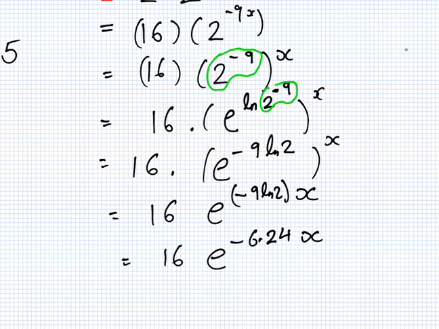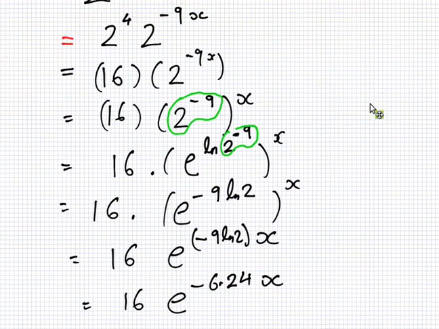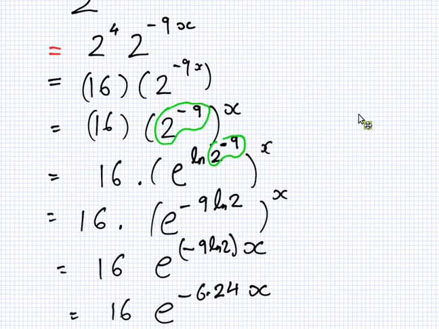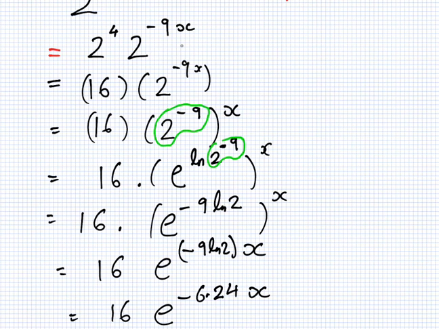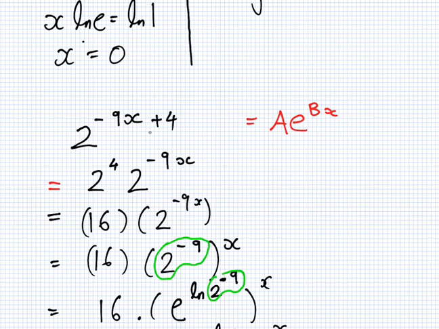So what you've managed to do, up the top here, is change your original into this form. And these two things are exactly the same. For example, if you put in x equals 0 here, you get 16.